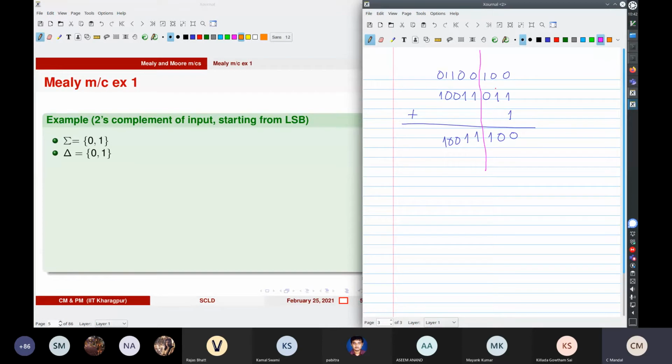You have the string, the leading zeros, what do you observe?